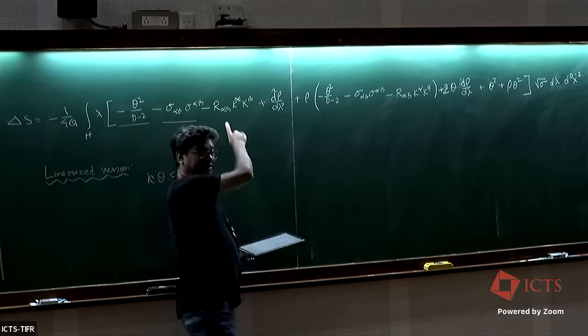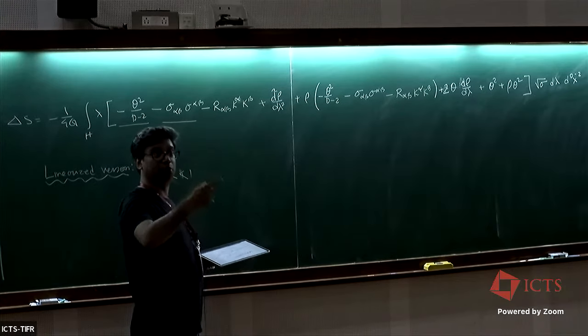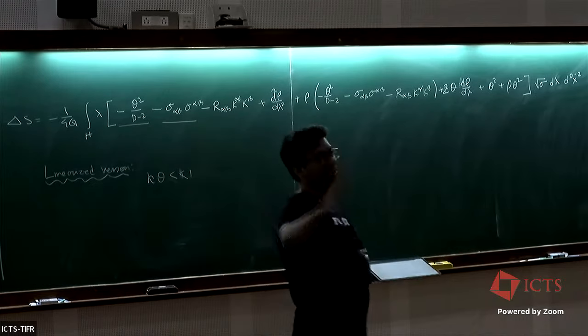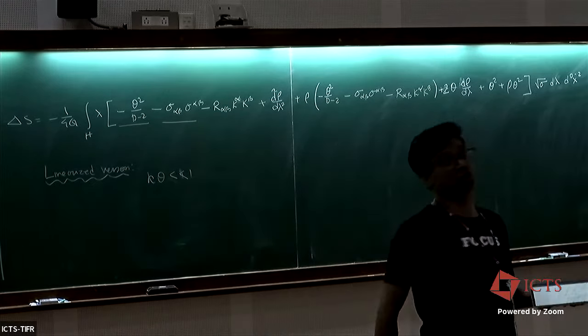Because if it is a perturbation, R alpha beta is proportional to the perturbation T alpha beta, and therefore this could have a first order part. This again can have a first order part. This is a second derivative with respect to lambda, but perturbation-wise it is linear; first order, second order, all are there.